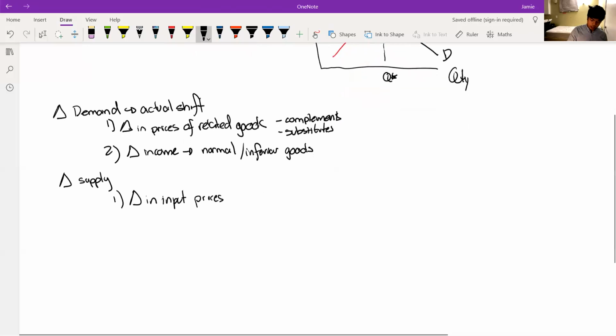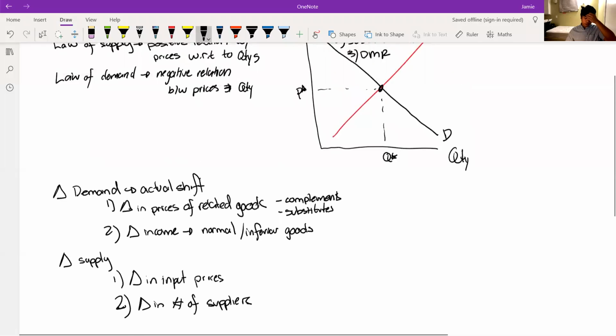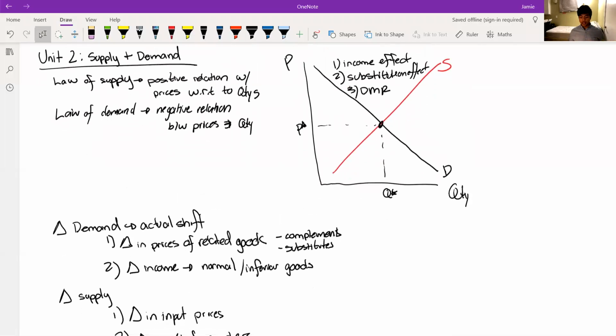Maybe a change in the number of suppliers. The more firms entering the market, the more production, so the supply curve will shift to the right. There are multiple other factors, and I highly suggest you review that.